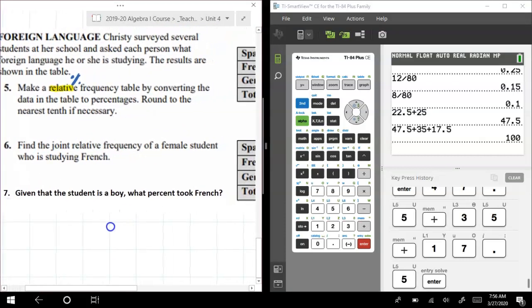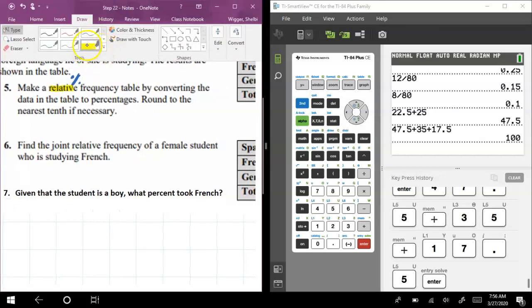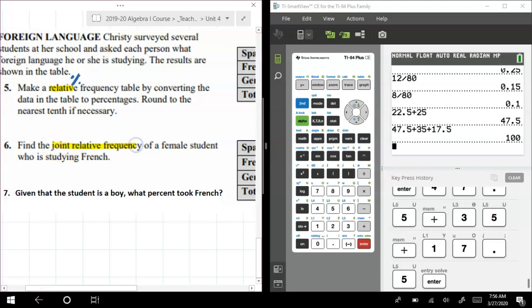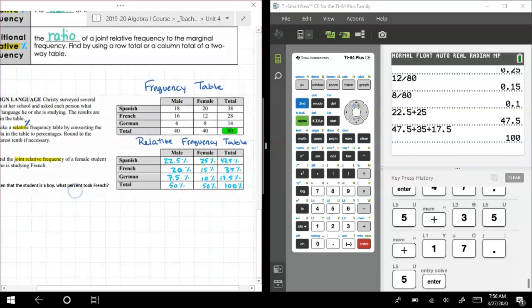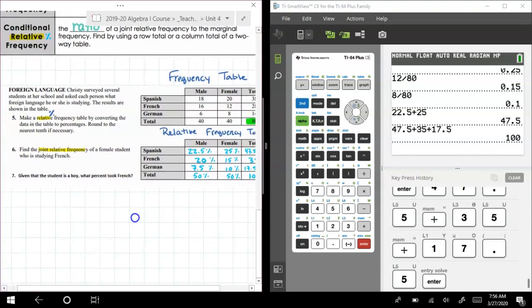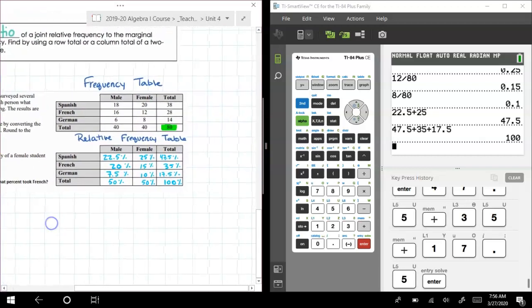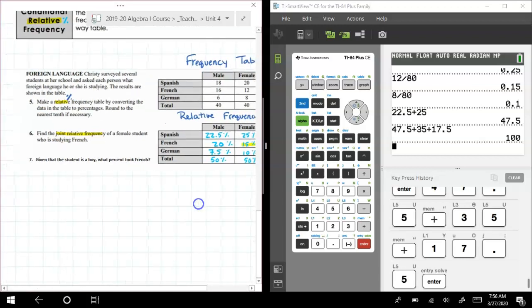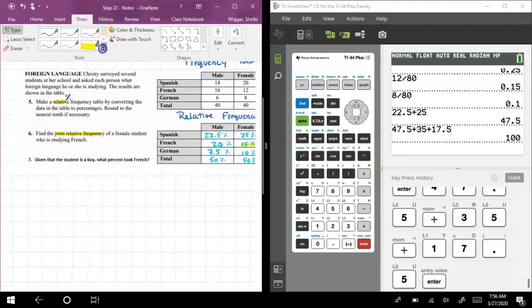So now it says find the joint relative frequency, so it's going to be an inside number, of a female student who's studying French. Females studying French is 15%.